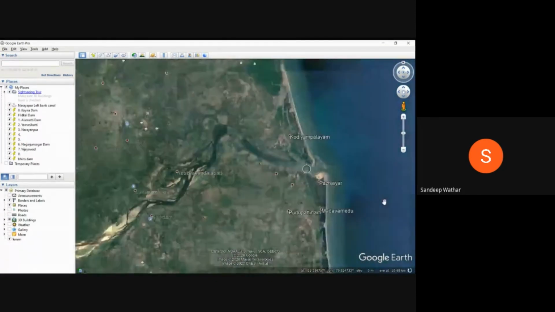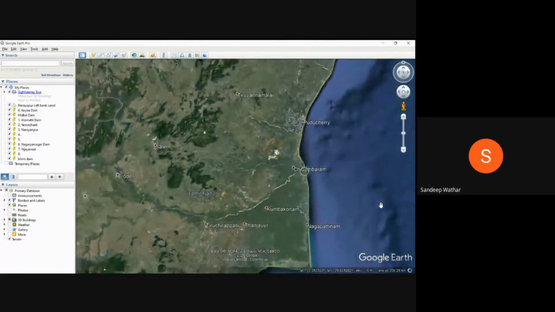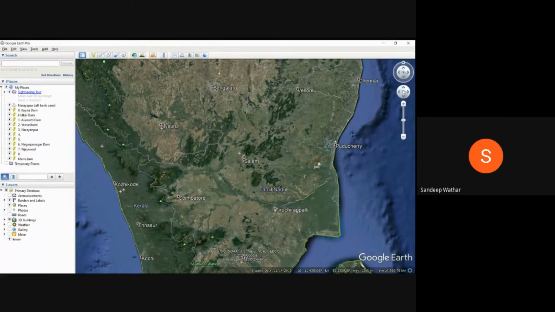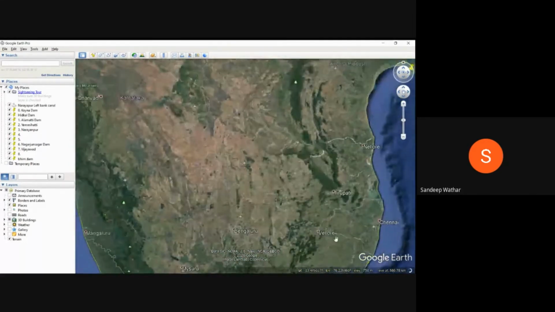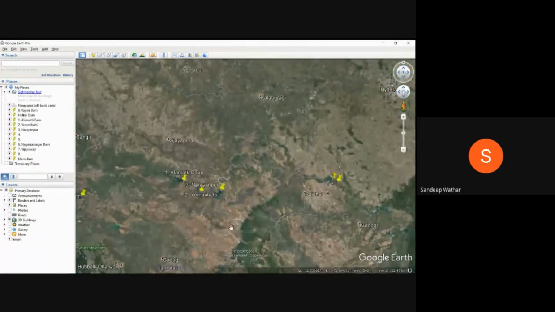It begins somewhere in Talakaveri, in Kodagu district, I guess. Somewhere here it originates, and it flows across here, and then it gets disposed in the Tamil Nadu region.